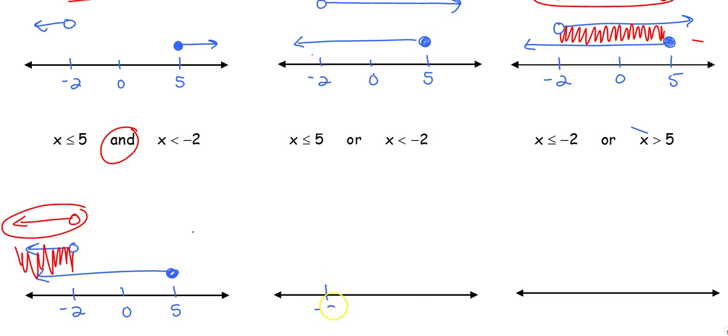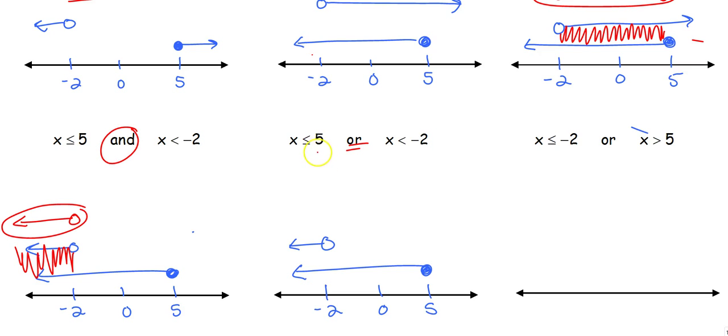Next one. We've got the same two numbers there, -2 and 5, less than or equal to 5, close circle to the left, less than -2, open circle to the left. Notice exact same situation that we just started with, but this time we've got an or. So we want to include every possible number that was included in the first one or included in the second one.